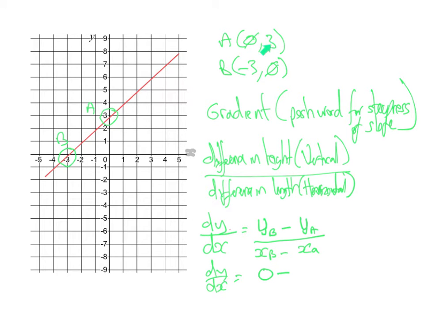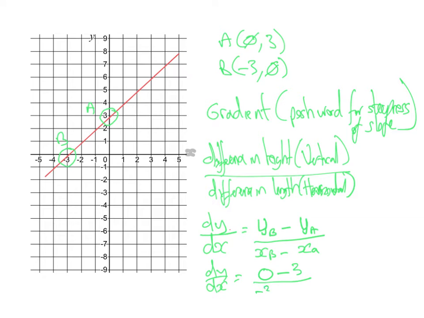So here's a, the y component is 3. So that's 0 take away 3 over, we need the x component of b. So here's b, the x component is negative 3.